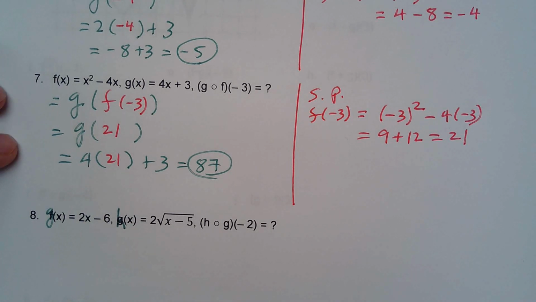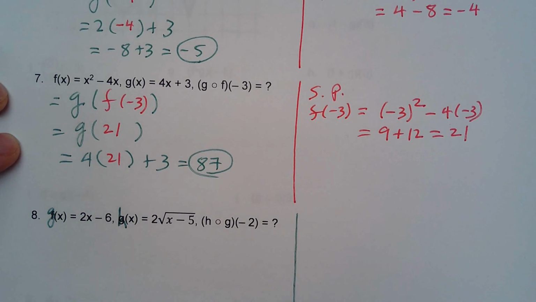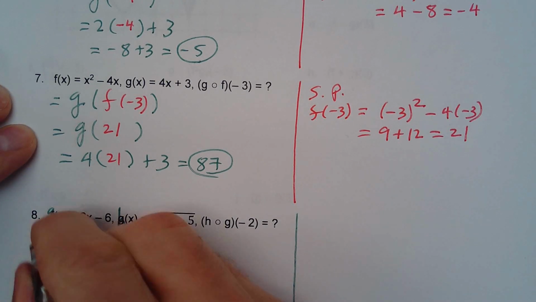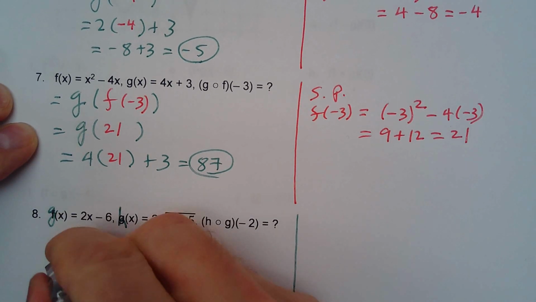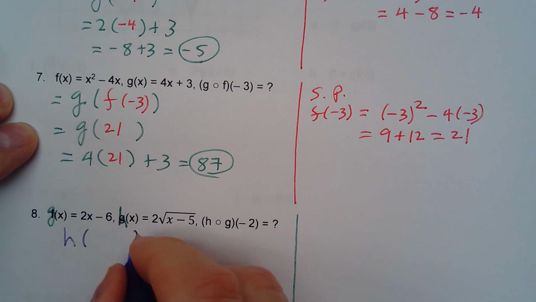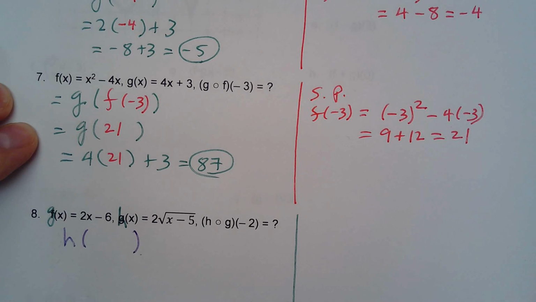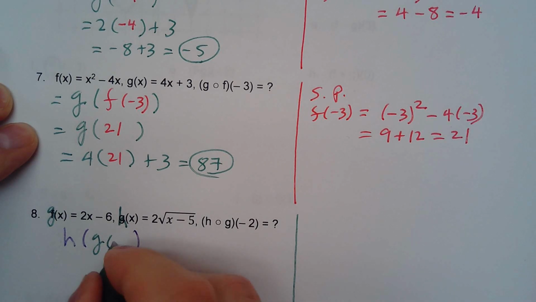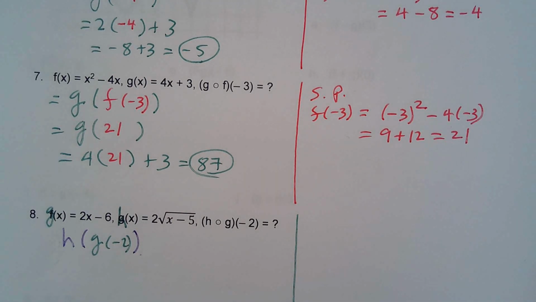All right, so we're trying to find G of, my bad. Getting my letters all mixed up. Doing H first, so I'll put that in purple. It's H of, and let's put G in green. G of negative 2. So first I need to evaluate G of negative 2.